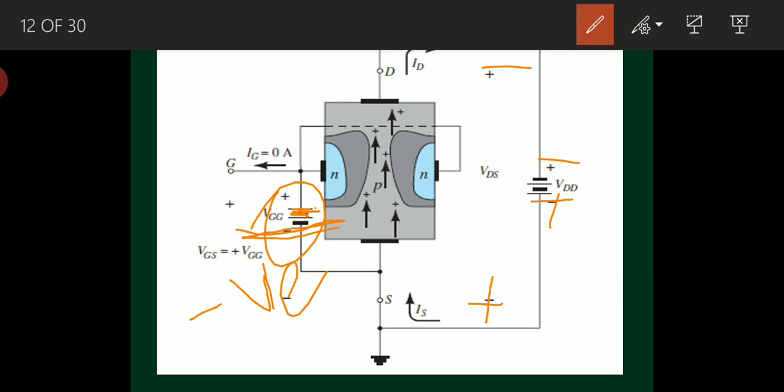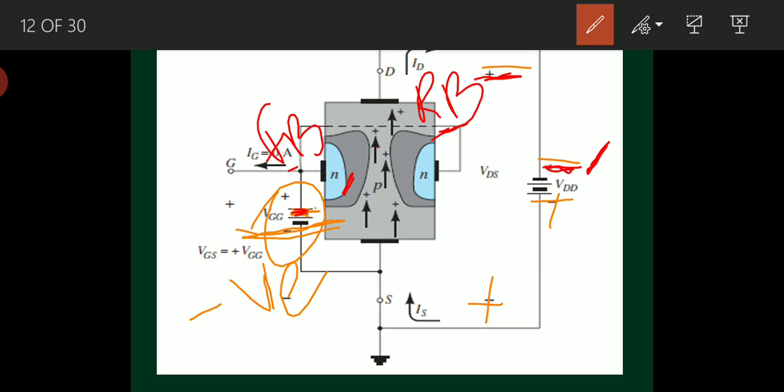This negative terminal is making the drain terminal reverse bias, and the negative terminal here is making this n-type gate forward bias. So this forward bias will compensate this reverse bias at the junction.